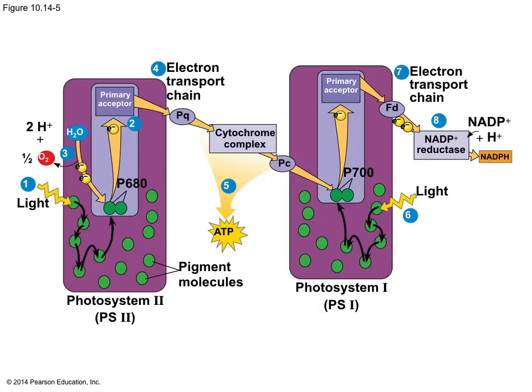So you might see those, but otherwise in the electron transport chain, we're just going to use those two electron transport chains. Don't worry about all the separate proteins like PQ and cytochrome complex and PC, don't worry about those.